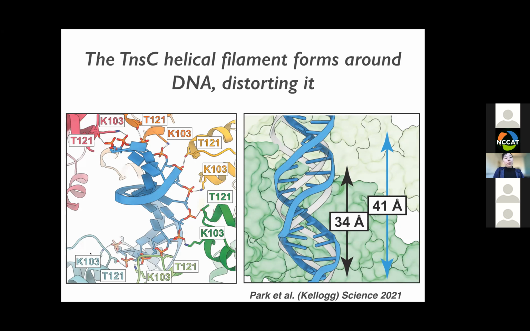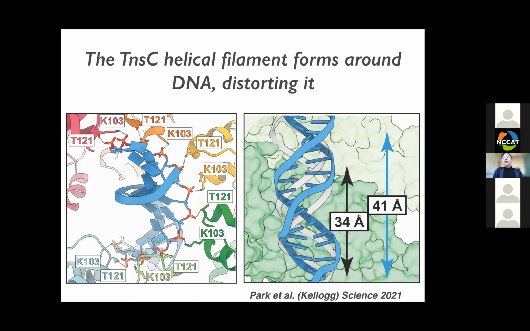So for example, each of these TnsC subunits is colored in a different color, and you can see that it forms hydrogen bonding interactions with the sugar phosphate backbone here, but also you can see that it's all associated with a single strand of the DNA. So it's not actually binding the opposite strand.